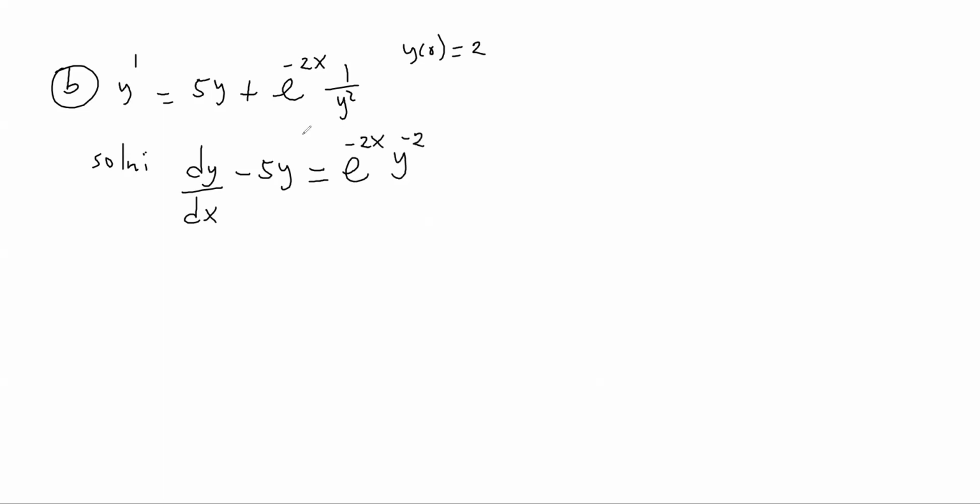Okay, so this is the same as this. So in other words, my n here is negative 2. So v is equal to y raised to the 1 minus n, which is 1 minus negative 2. Negative times negative is positive, so 1 plus 2 is 3.